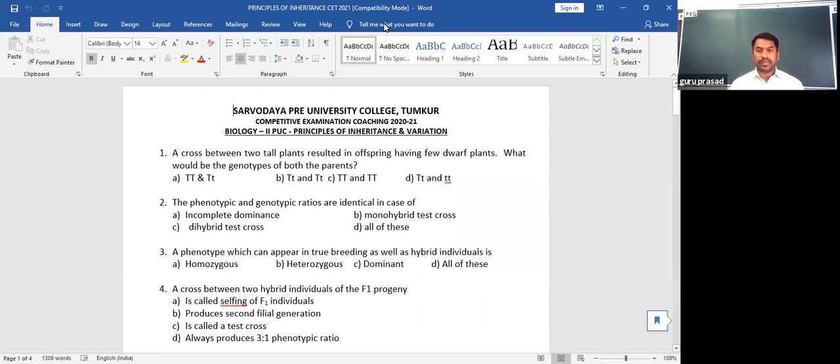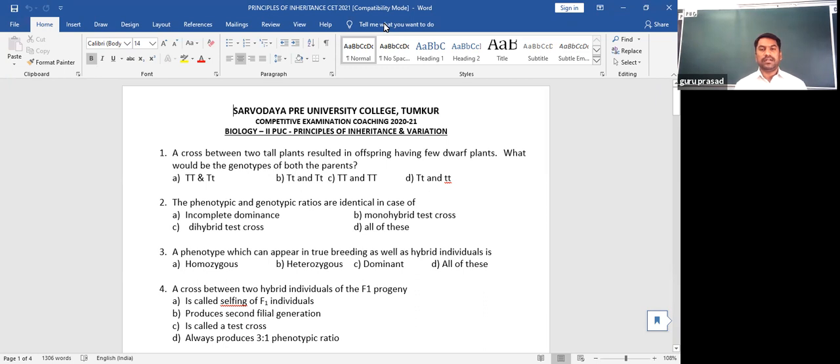Then genotype, phenotype, followed by genotypic ratio and phenotypic ratio. Then hybrid. Whenever we make a cross between two parents with different characters, the obtained offspring we call a hybrid.